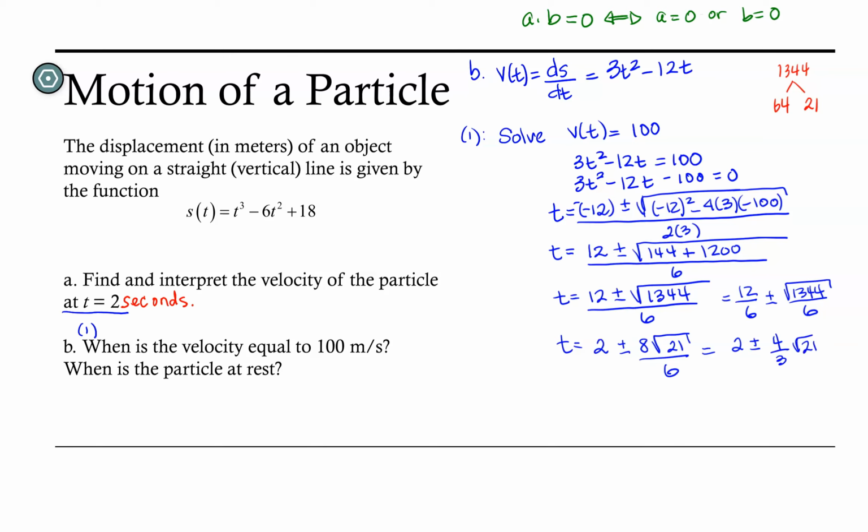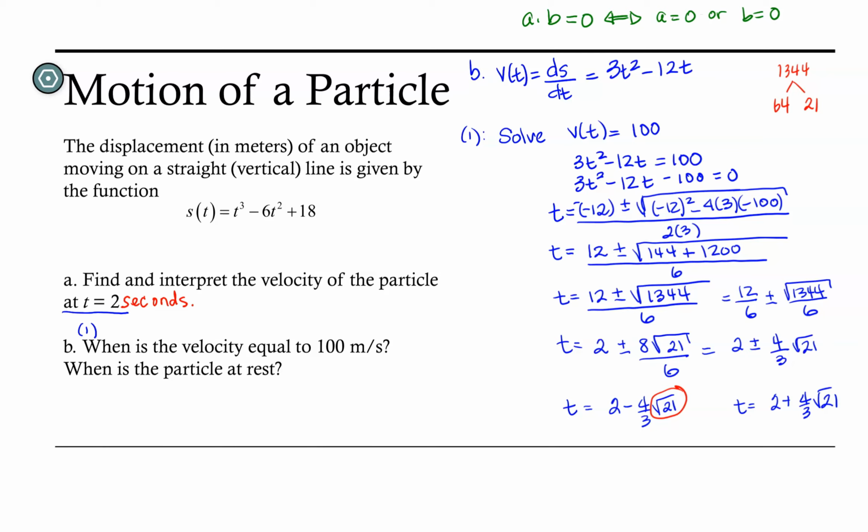Now at this point we need to think about what these solutions represent. So we have basically 2 times. One is t equals 2 minus 4/3 times the square root of 21. And we have t equals 2 plus 4/3 times the square root of 21. Well, let's think about the size of these numbers. The square root of 21 is bigger than the square root of 16, and the square root of 16 is 4.